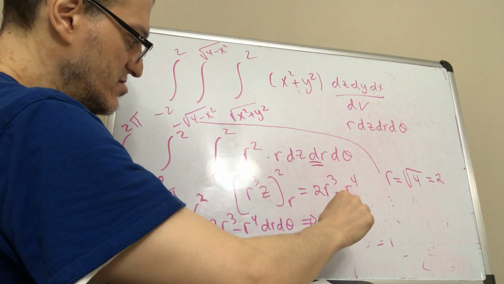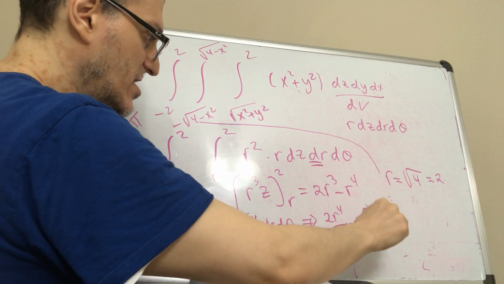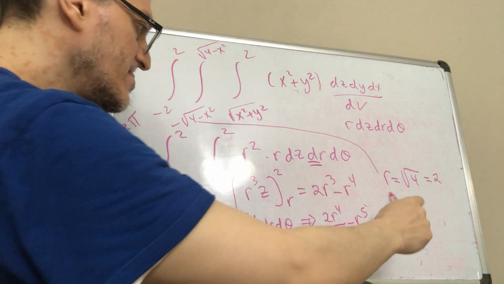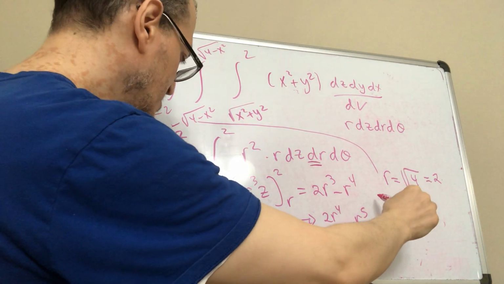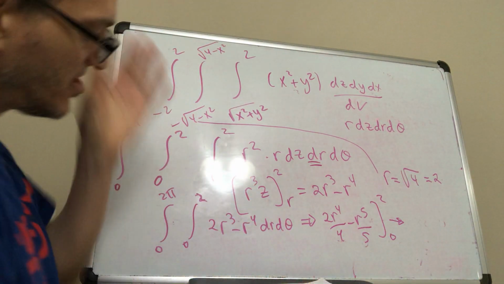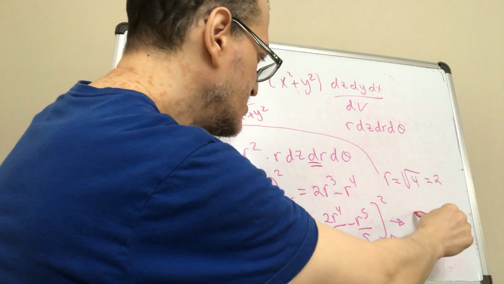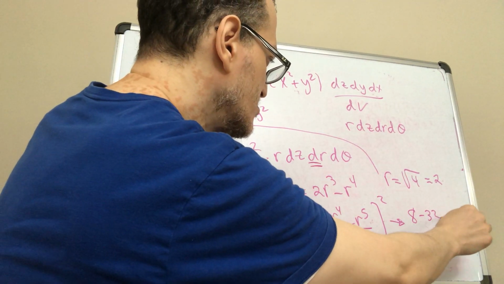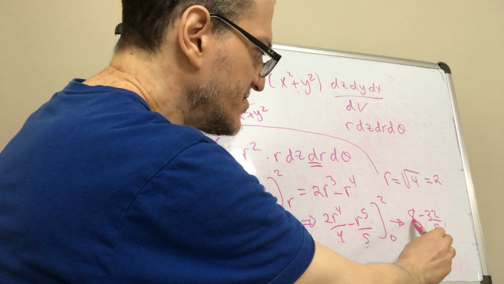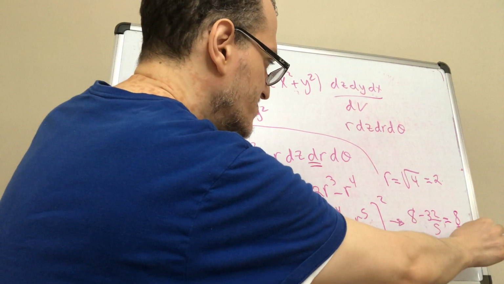That would be 2r4 over 4, r5 over 5, and you need 0, 2. If you plug 2, that would give you 8 minus 32 over 5 minus 0. And if you do the common denominator, that's like 8 over 5.